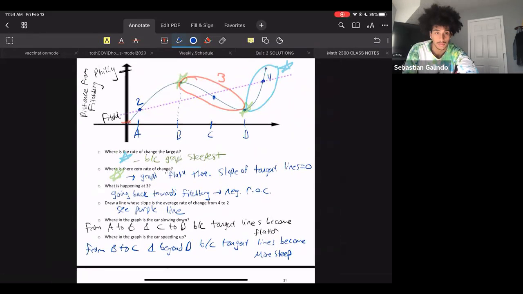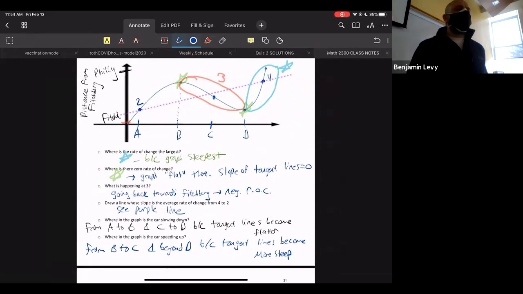Did you just randomly pick, or was there a reason you put them in those spots? 2 and 4 were totally random. 3, I was just trying to illustrate what it means for the graph to go down, a negative rate of change. So 2 and 4 were just random spots. 3 was trying to highlight the place where the graph is going down. Other questions?